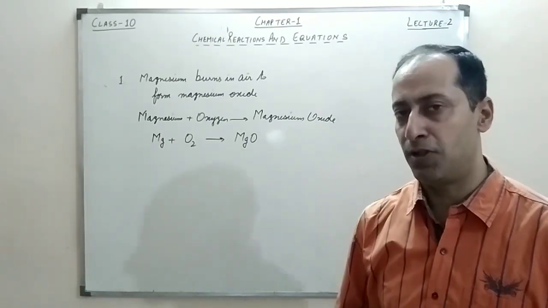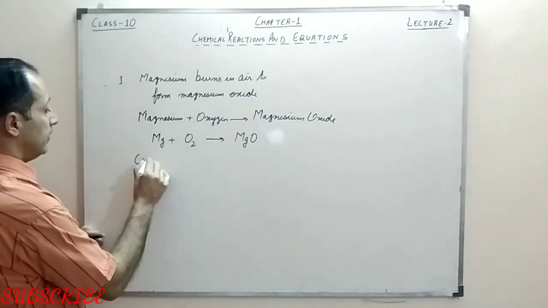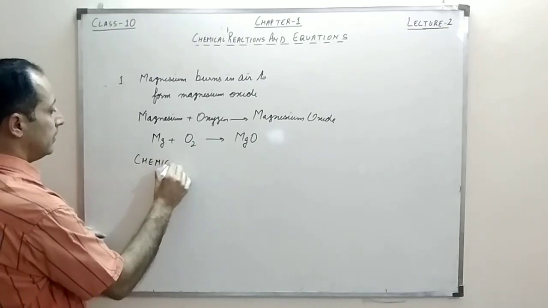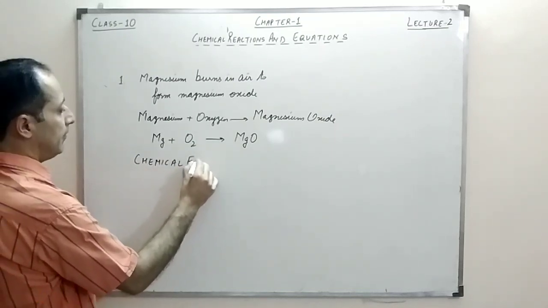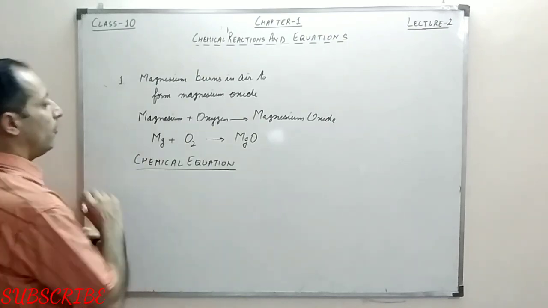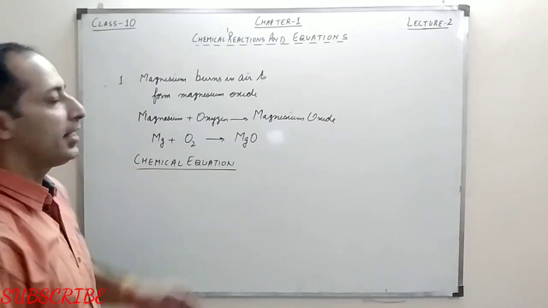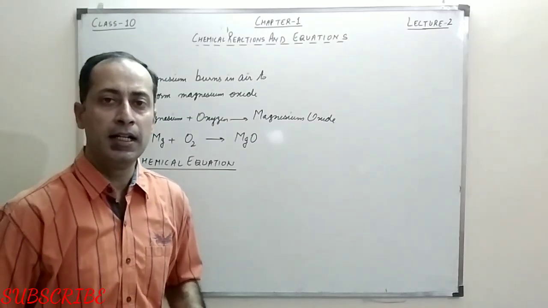Now we talk about the definition of a chemical equation. What do you see? These are the symbols. Symbols of whom? Symbols of the reactants and products which we have taken in the reaction.